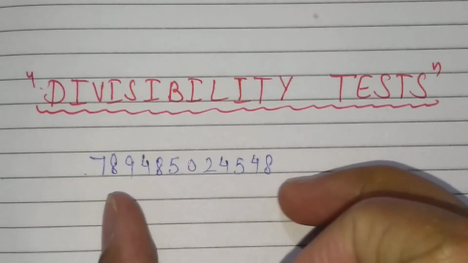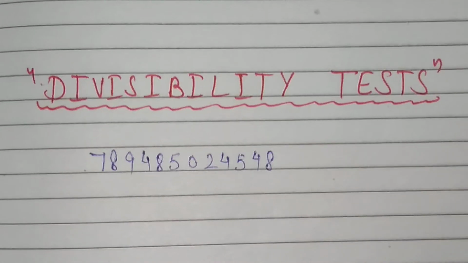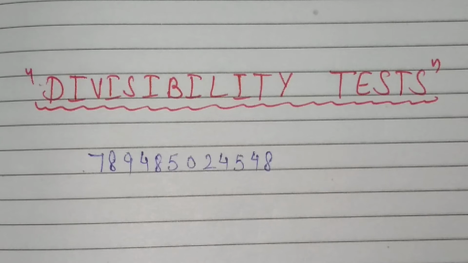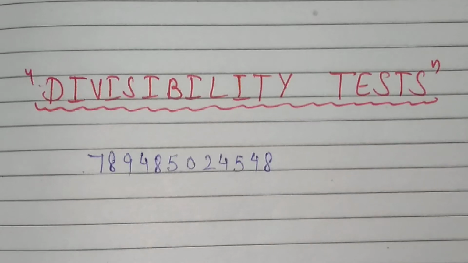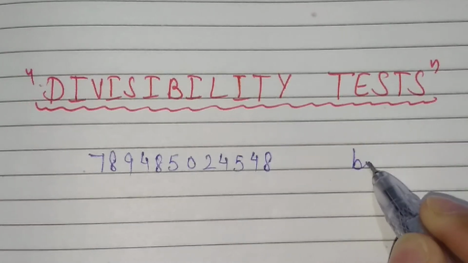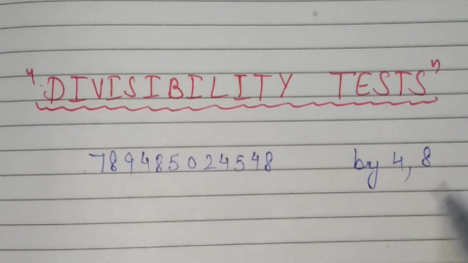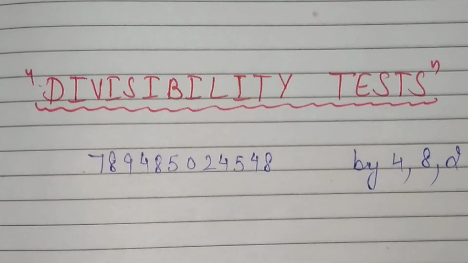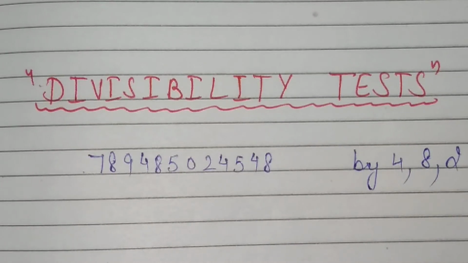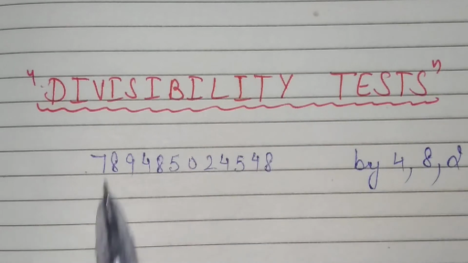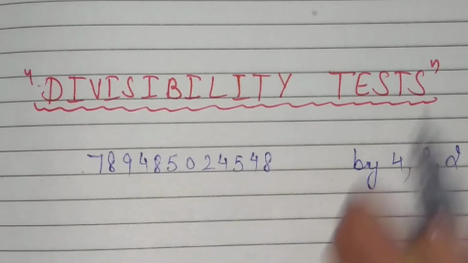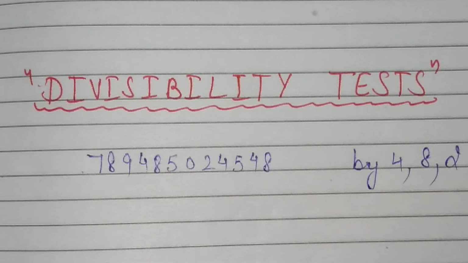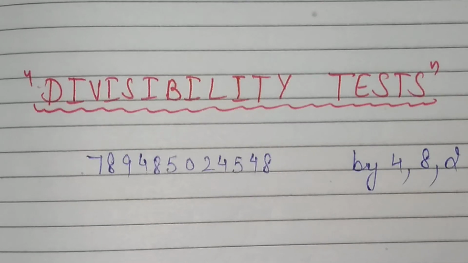Now see, this is such a large number and somebody is asking that within 5 seconds give your answer whether this is divisible by 4, whether it is divisible by 8, whether it is divisible by 2. Then some students will start dividing this number by 4 and it will take much time for division, and some students can make mistakes also.